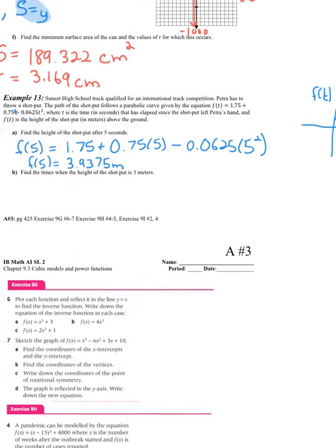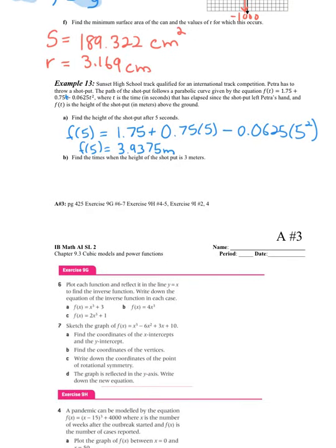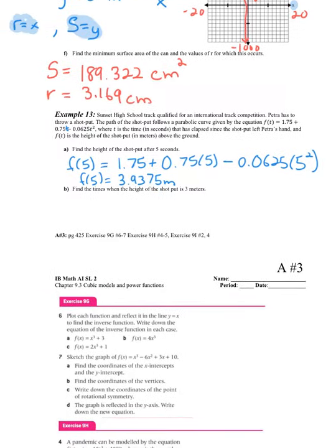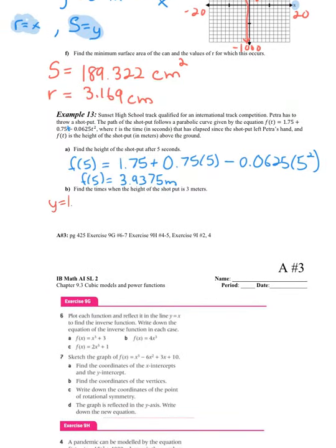Okay. And then the last part says, find the times when the height of the shot put is 3 meters. So now this one, we're basically going to graph y equals 3. So we're going to graph y equals 1.75 plus 0.75 x minus 0.0625 x squared.